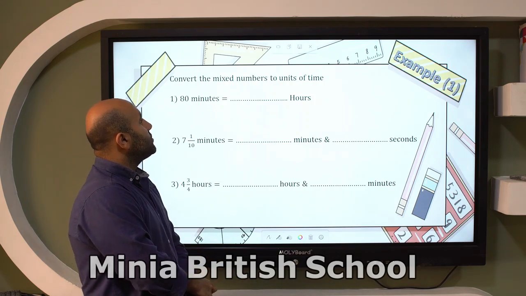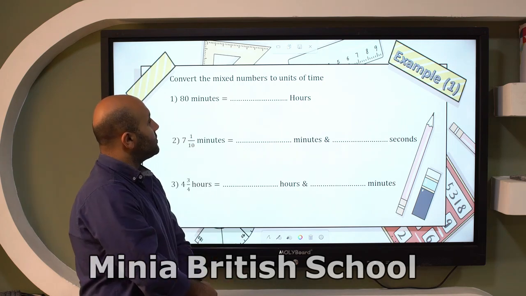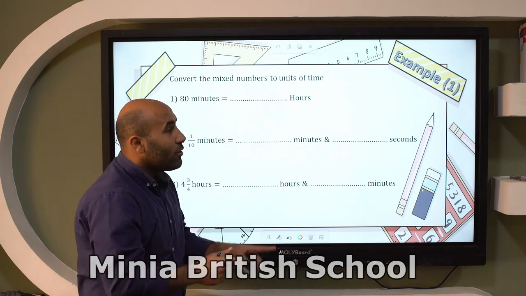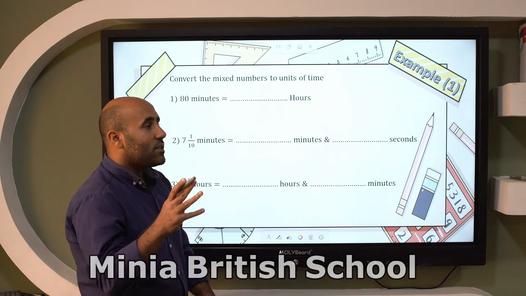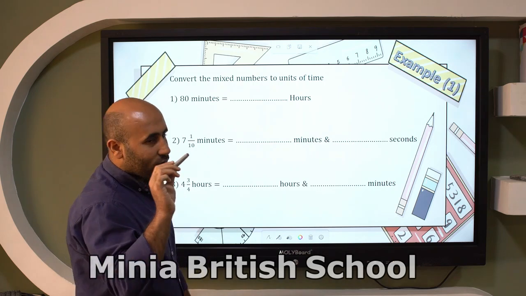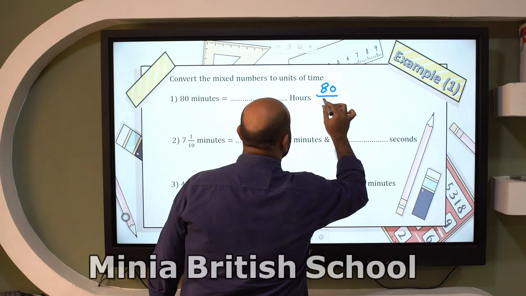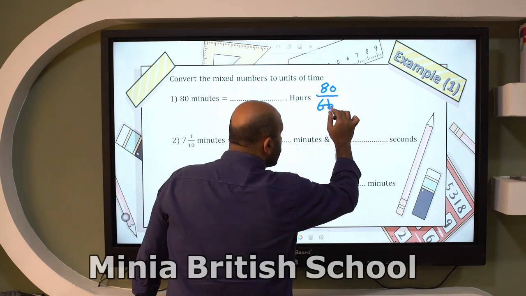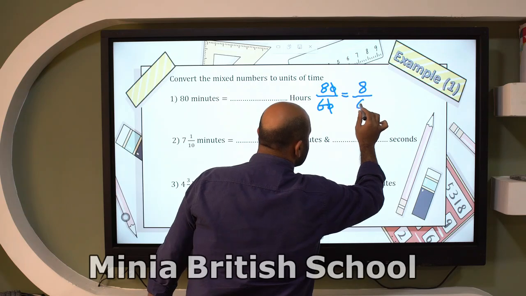Convert mixed numbers to units of time. Okay, I wanted to convert from 80 minutes to hours. As we all know, from minutes to hours, as I said for you, I have to divide by 60, but in our new way. So 80 over 60. Cancel 0 with 0, so it will be 8 over 6.